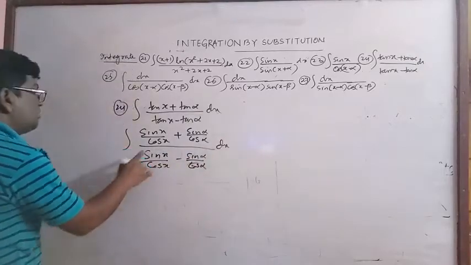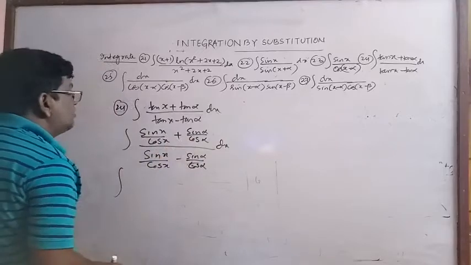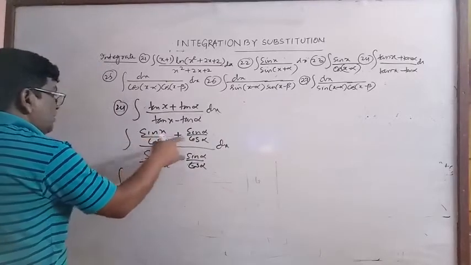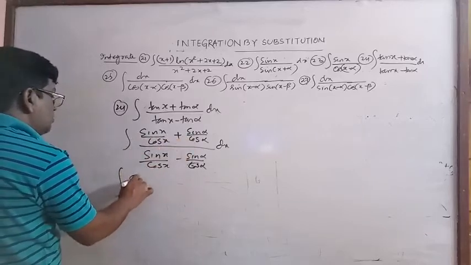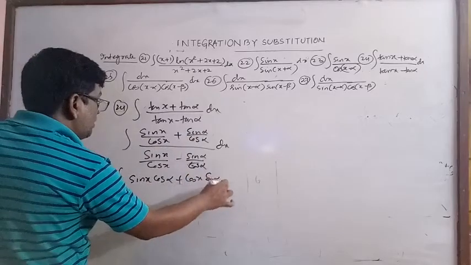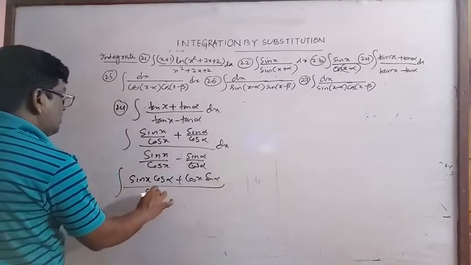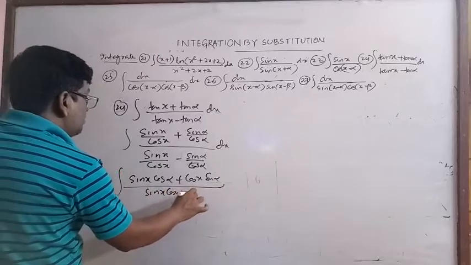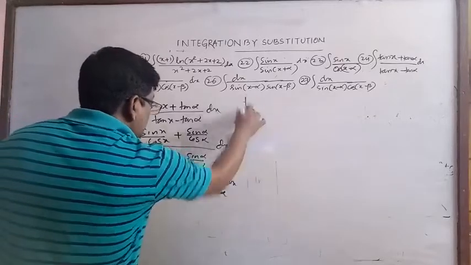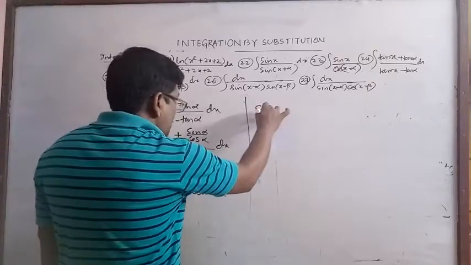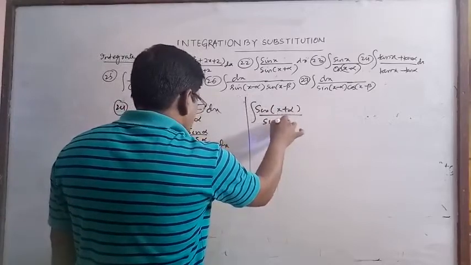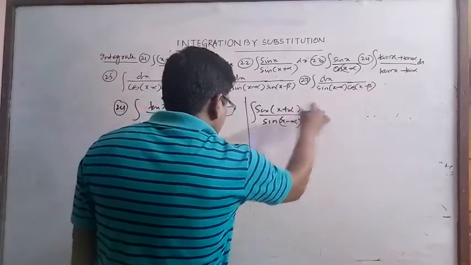Taking LCM cos x cos alpha, the LCM cancels in both. So we get sin x cos alpha plus cos x sin alpha divided by sin x cos alpha minus cos x sin alpha dx. So this is equal to sin(x plus alpha) divided by sin(x minus alpha) dx.